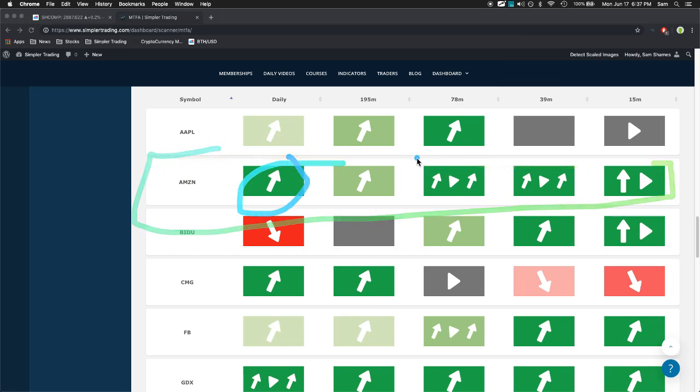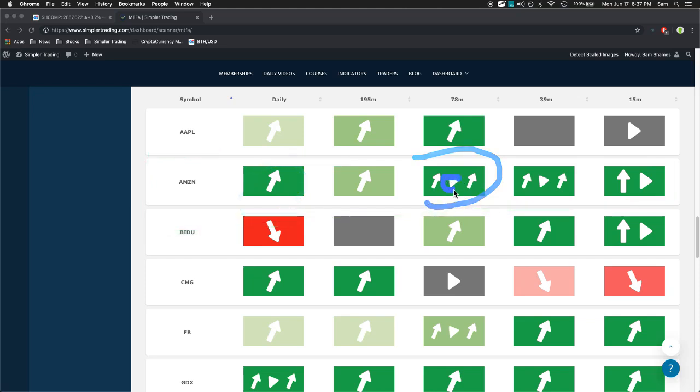And then you have an arrow, I don't know what this is, looks like a play symbol, and then another arrow. This is telling you that this is in a squeeze. So this just means it's oriented up. When it's just a standard arrow, it just means the daily is pointed up. But the lower time frames, like the 78, the 35, are pointed up and in a squeeze. So those are kind of an early warning system.